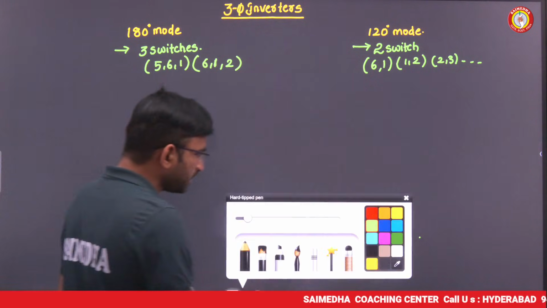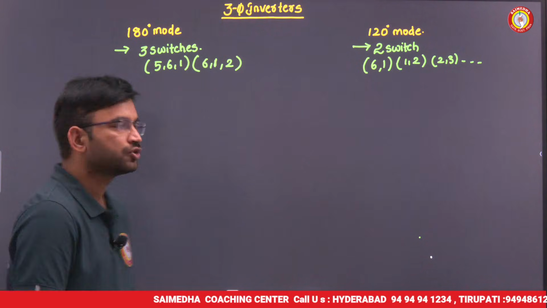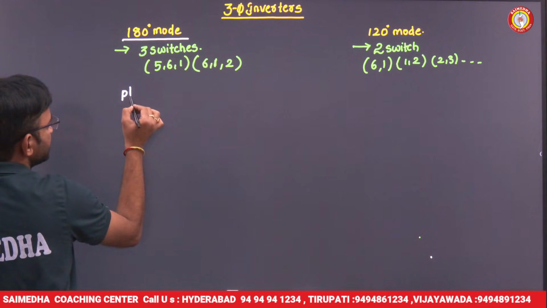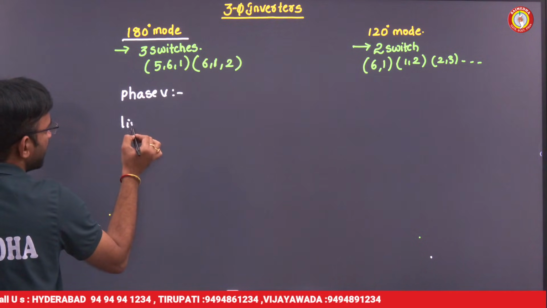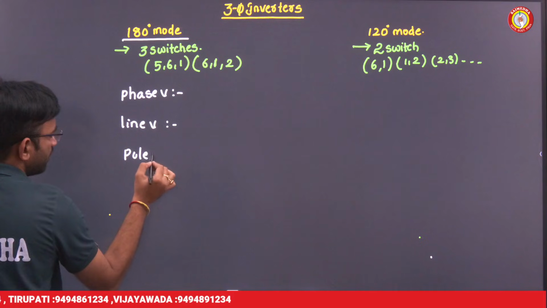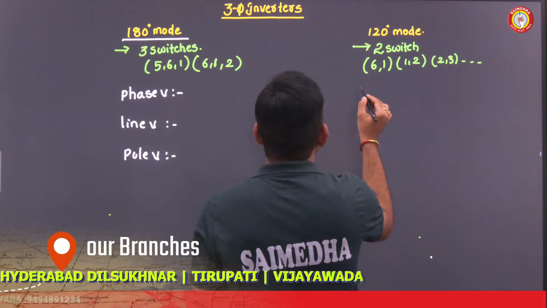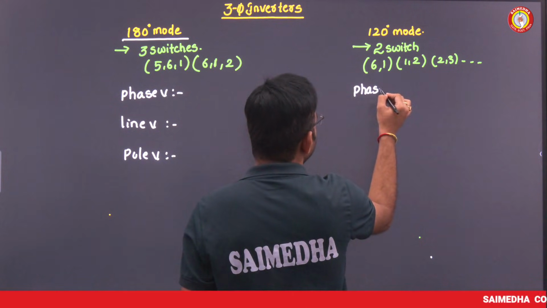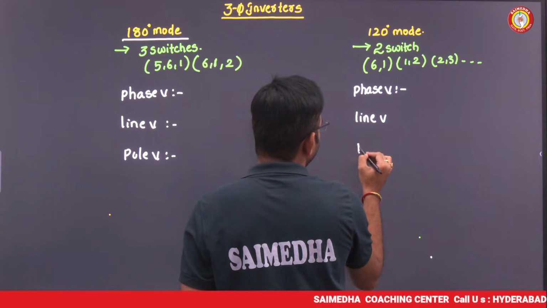Once after that, you need to know the shape of the waveforms. In case of 180 degree mode of operation, they are going to ask what the phase voltage waveform shape is, what the line voltage waveform shape is, and what the pole voltage waveform shape is. In the same manner, in 120 degree mode of operation also, phase voltage, line voltage and pole voltage.